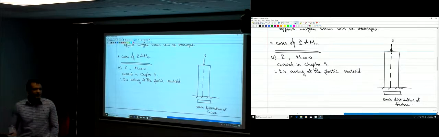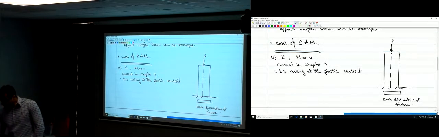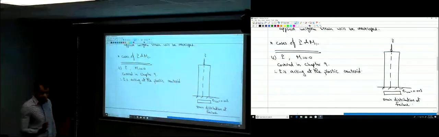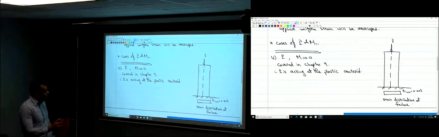When would the concrete fail? The concrete will fail when the strain is how much? 0.003. So the strain distribution at failure, it's uniform. The strain everywhere is equal to the maximum strain that can be held by the concrete, which is 0.003.